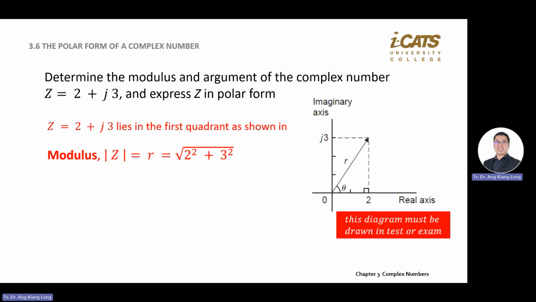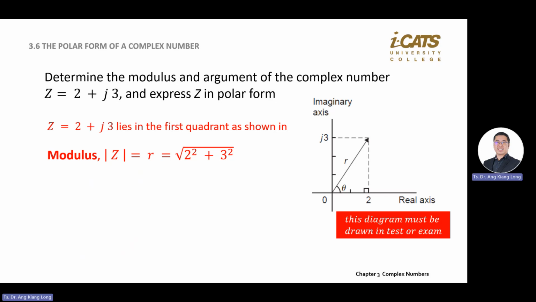So modulus is actually the square root of x squared plus y squared. Okay, you write modulus, with the double goalpost, modulus of z equals R, equals the square root of x squared plus y squared. This is the Pythagoras theorem.